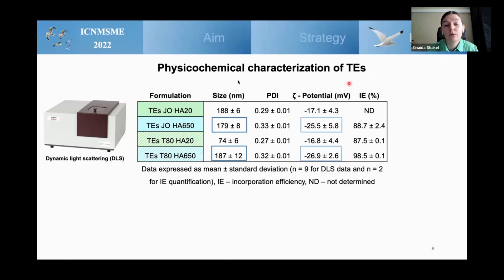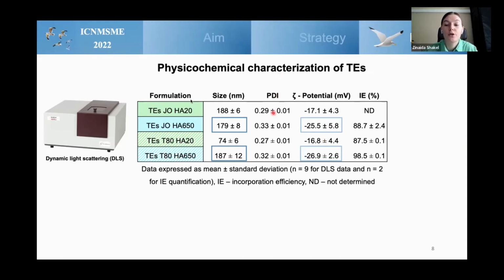In terms of zeta potential, we could say that we have good charges which repulse our nanoparticles from aggregation. All that study was performed during 10 weeks, and I could say that particles are stable during that time. Polydispersity index is more than 0.2.